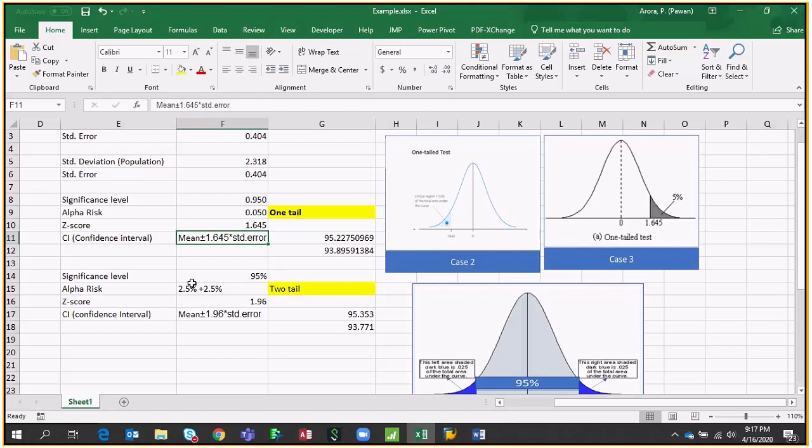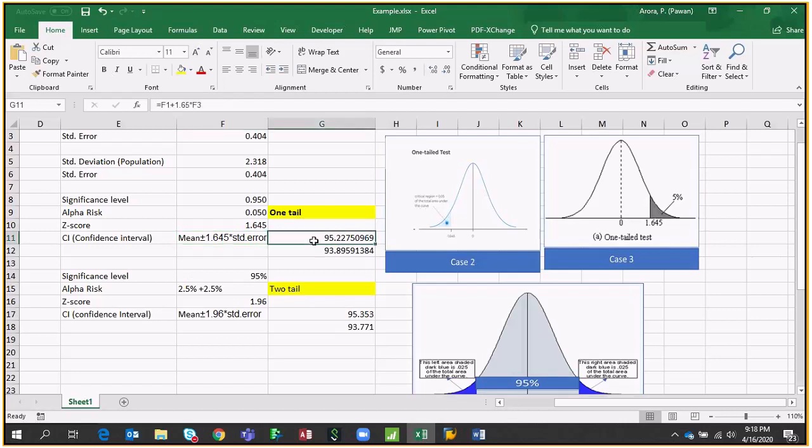Confidence interval means you are 95% confident about this particular area, whatever data you have. If anything is outside of that, then your hypothesis testing result, or your p value, will be less than 0.05. I'll show you in Minitab later on. So this area is very, very important.